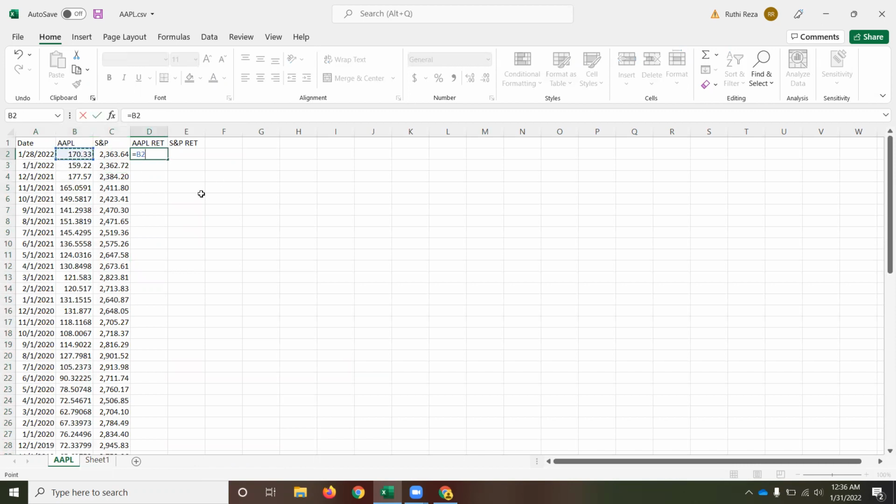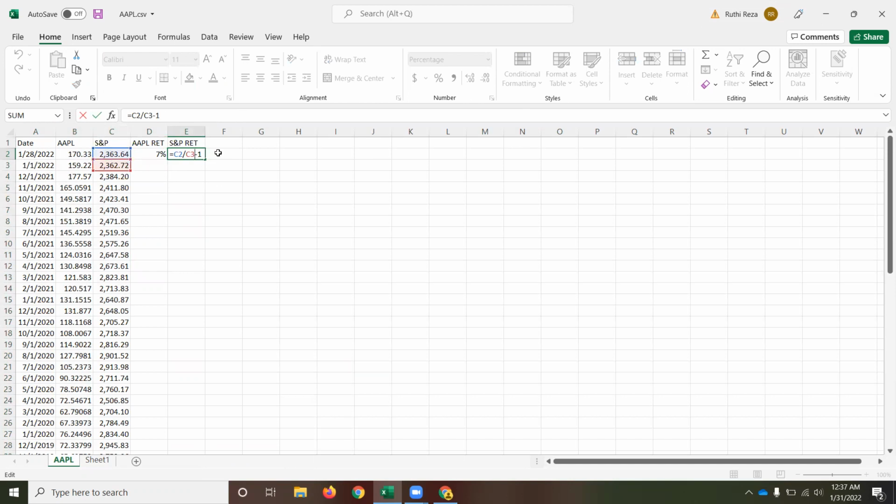So new price information divided by old price information minus 1. So this is the return formula. So we are going to use the same formula for the market return.